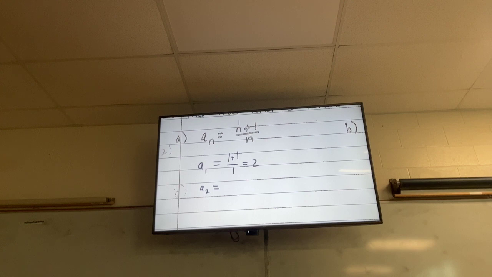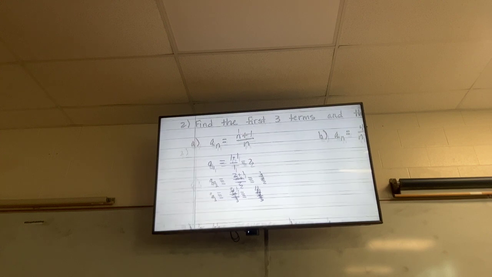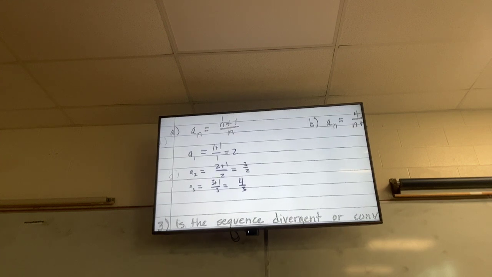A sub 2 is 2 plus 1 over 2, which is 3 halves. A sub 3 is 3 plus 1 over 3, which is 4 thirds. So those are the first three terms. The 50th term, a sub 50, equals 50 plus 1 over 50, which is 51 over 50.